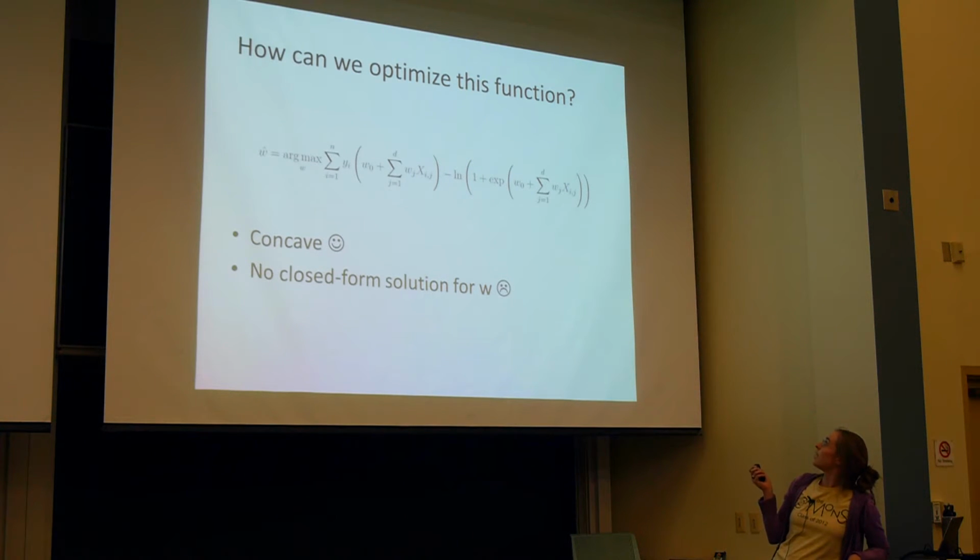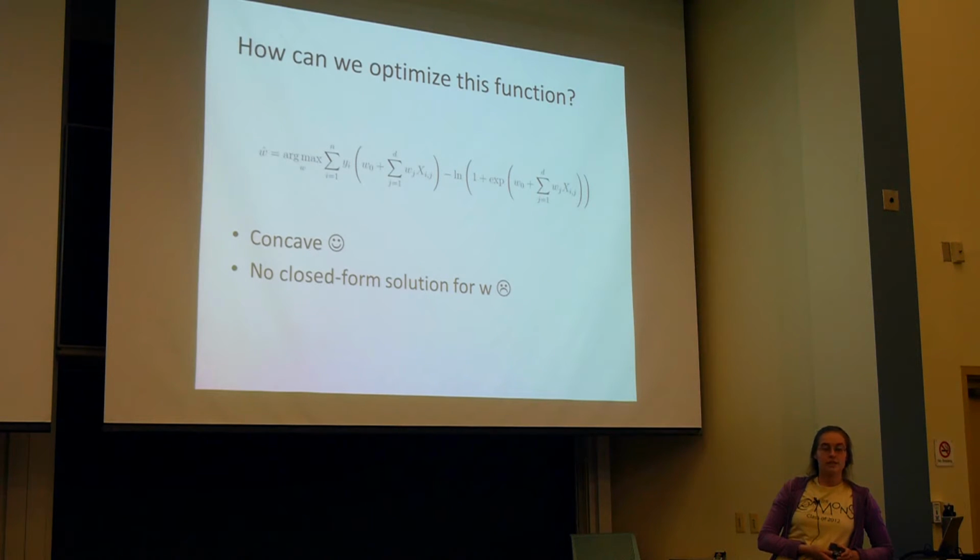But if you try to do that, it's mostly because you have the log of this sum with an exponential, and you end up having some of your w's within logs, within sums, and you can't separate it out. I think it's like a transcendental equation or something like that.